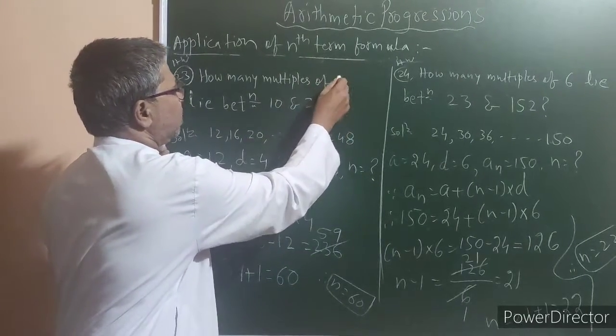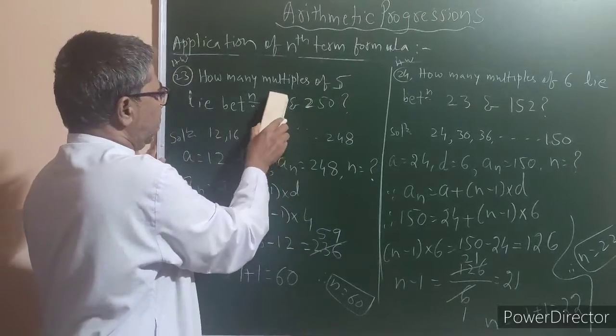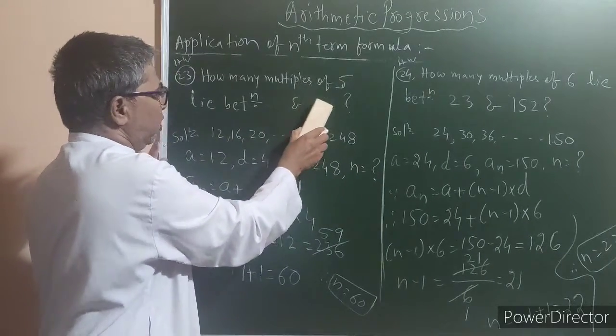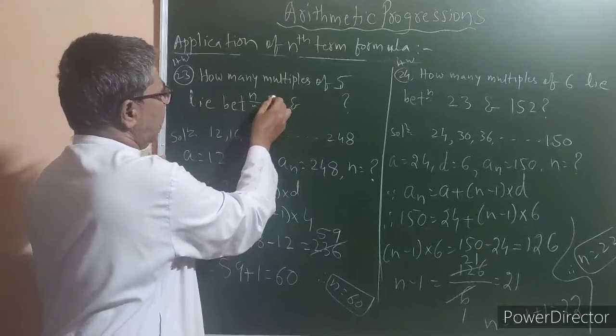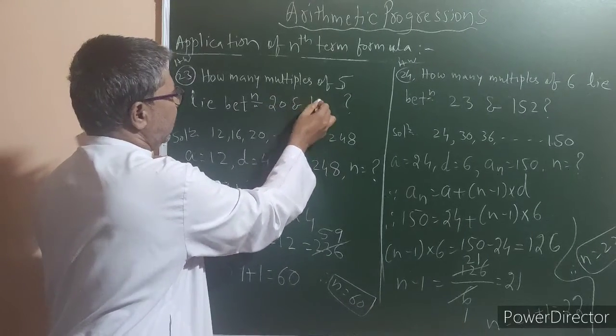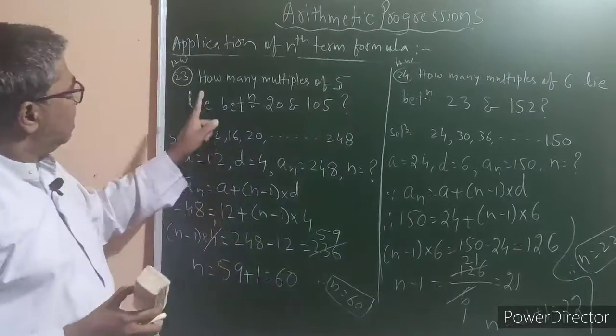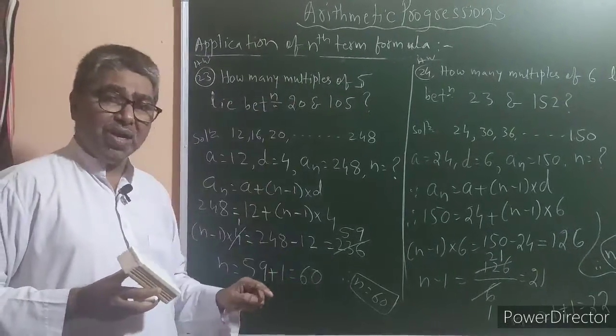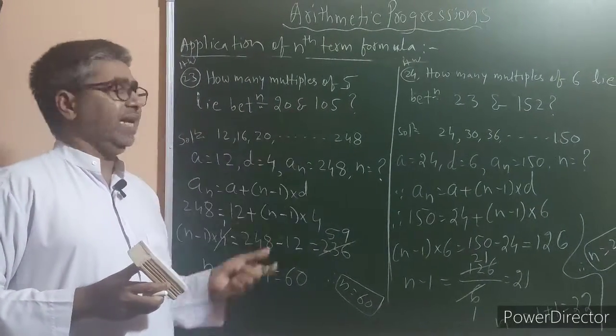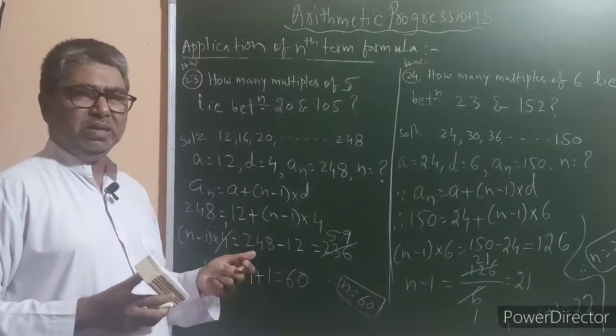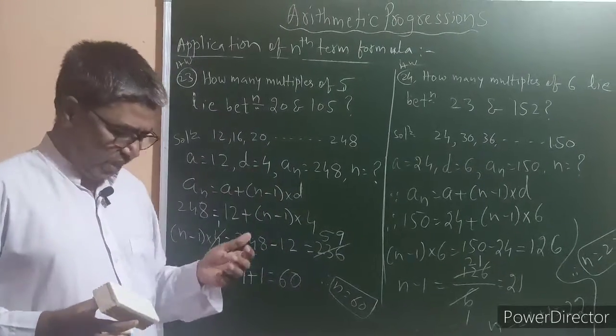How many multiples of 5 lie between? Change these two numbers also. You can write 20 here and 105. So how many multiples of 5 lie between 20 and 105? One more example, and I hope you will solve this example.